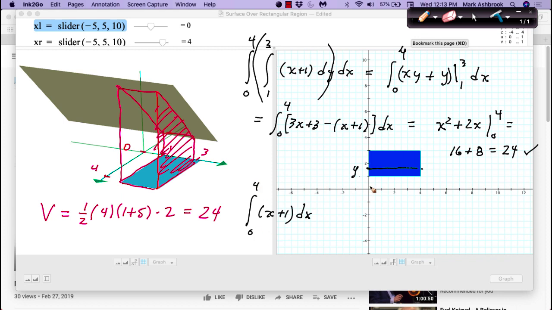And then once I get that, I'm going to add up a bunch of rows of sticks, starting at y equals 1 and ending at 3. So we can work that out. And what should we get when you work that out? You should get 24. Let's do it fast. Here we go. So 1 to 3.